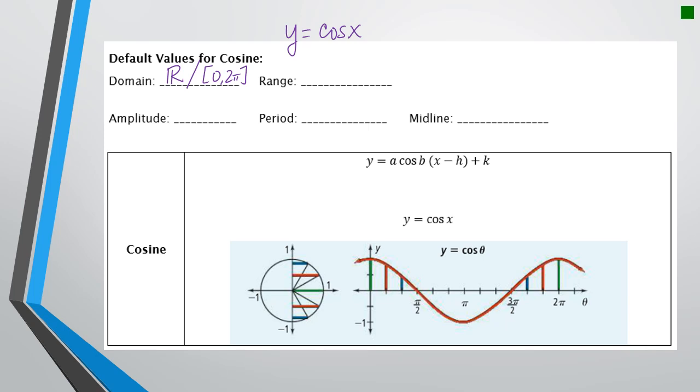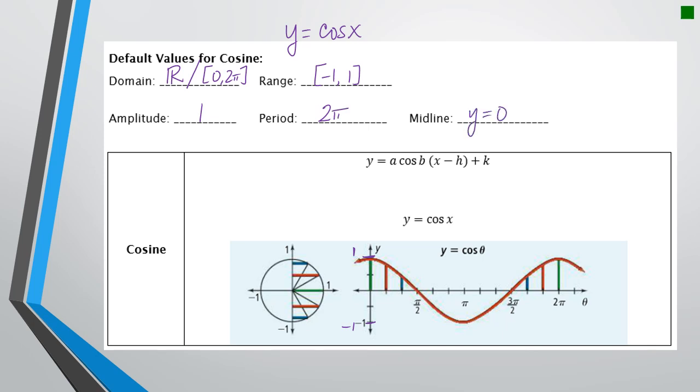The range is the same as sine, again, from negative 1 to 1, and you can see that on this graph here. This would be 1 up here, this would be negative 1, that's as far as it goes. Amplitude is also 1, that's the highest and lowest it gets from the midline. Period of one cycle of the cosine graph is 2 pi, and the midline would be at y equals 0.